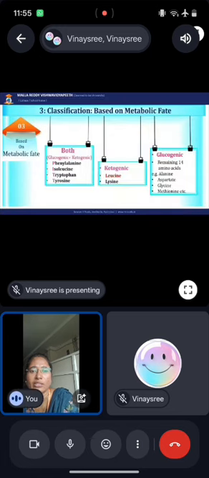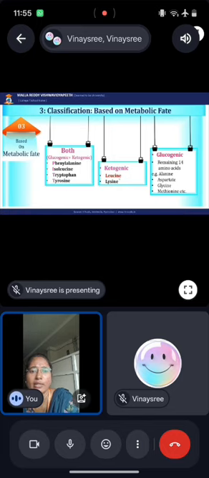Coming to the third classification, based on the metabolic fate. As we discussed before, some of the amino acids are involved in both glucogenic and ketogenic synthesis. Those are phenylalanine, isoleucine, tryptophan, tyrosine.